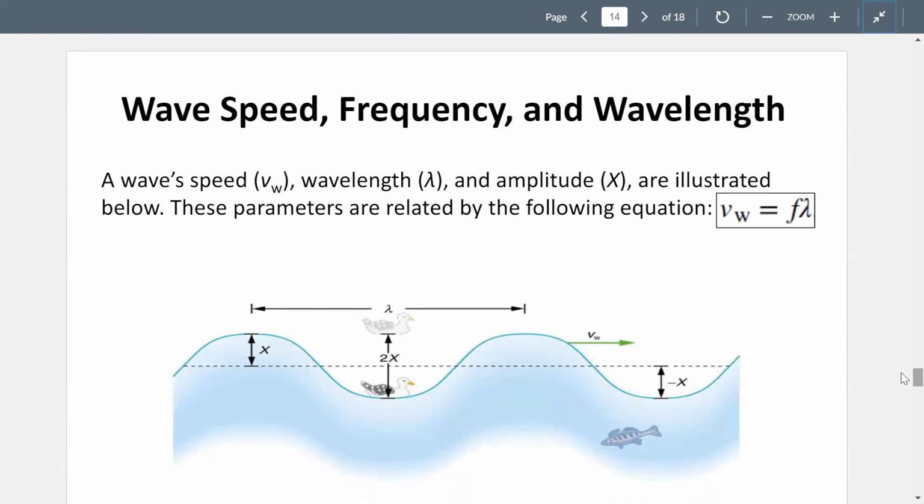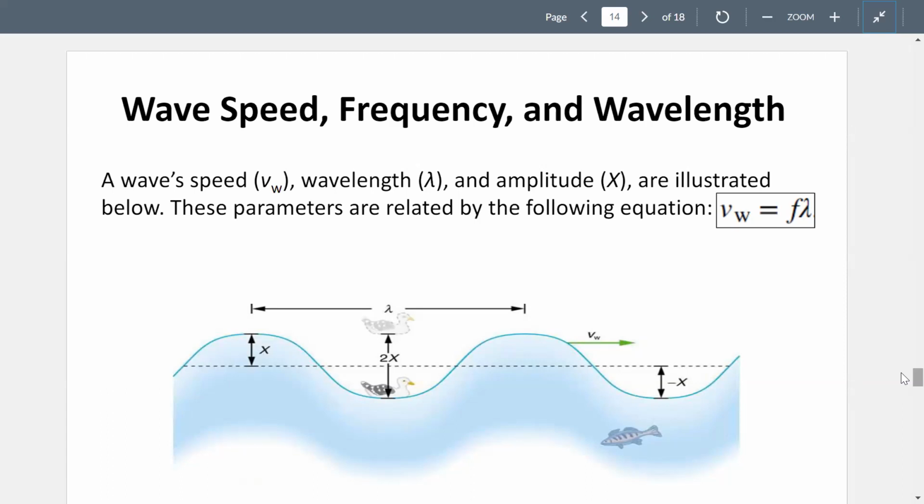So now we get to what's called the universal wave equation, which relates wave speed, how fast our wave is moving, to that wave's frequency and wavelength. We call the wave speed v with the subscript w. That funny upside down looking y is called lambda, and it is for wavelength, the length of our wave. And then amplitude, which is the height of our wave.